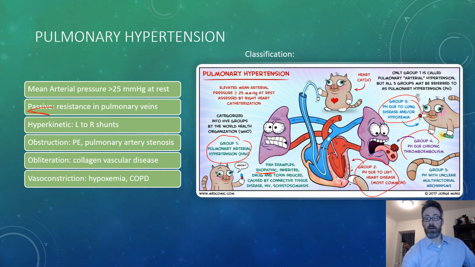Group 4 is pulmonary hypertension due to chronic thromboembolism. So thromboemboli constantly blocking up and occluding, causing more and more resistance to flow. Something like this might be seen in somebody who has a tumor that's releasing a lot of emboli. Group 5 is sort of the bucket at the end, which is really hypertension with unclear multifactorial mechanisms. So it's sort of our bucket group there.